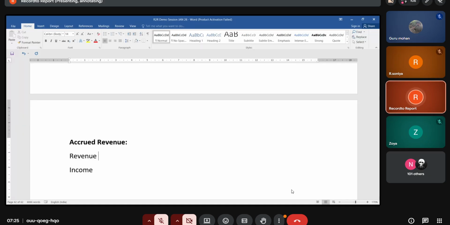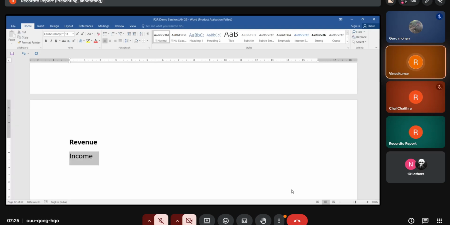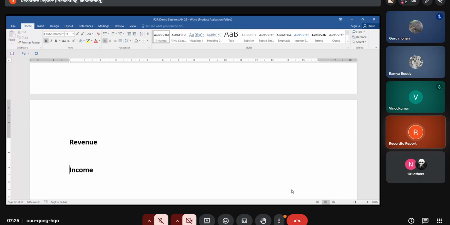Please tell me, are both the same, or is there any difference between them? There is a difference. What is the difference, guys?